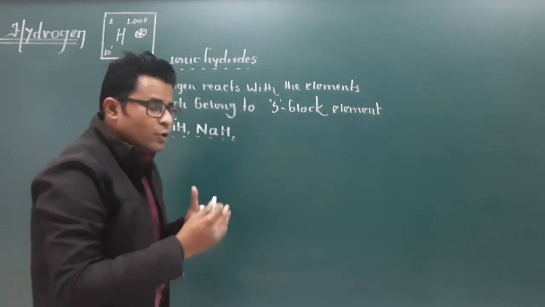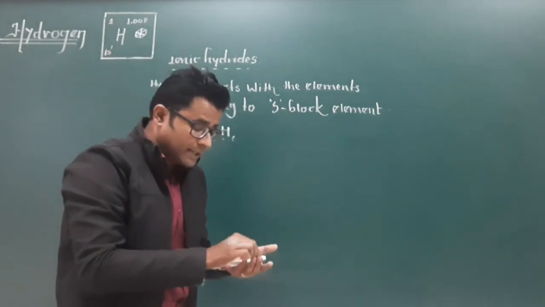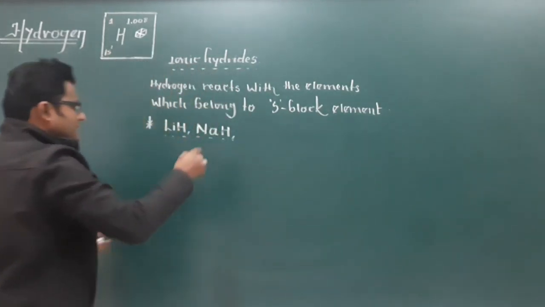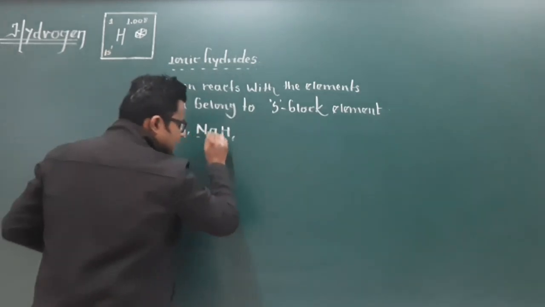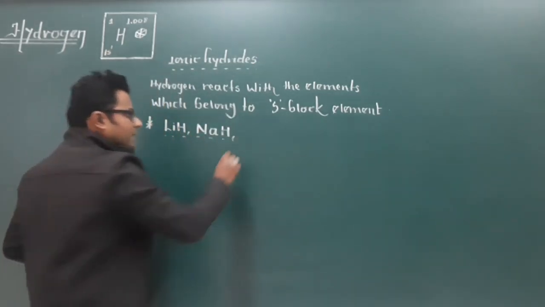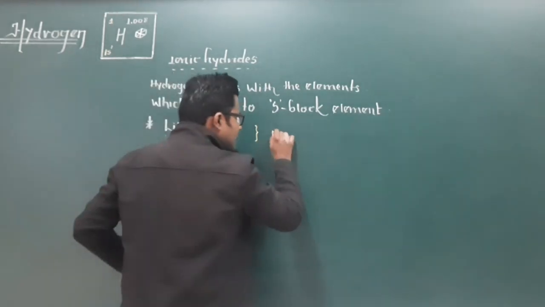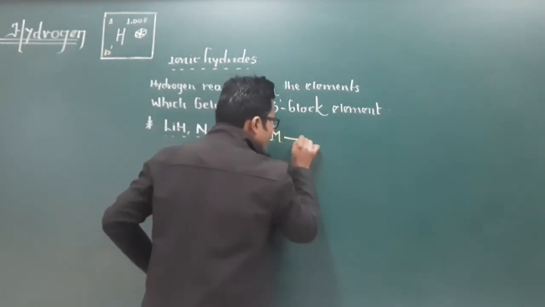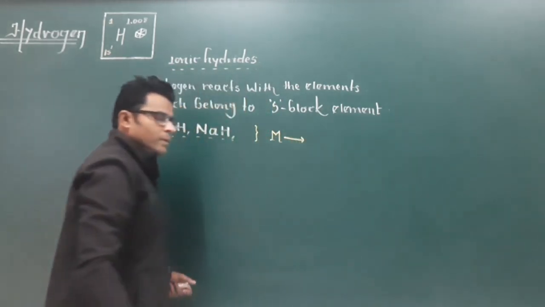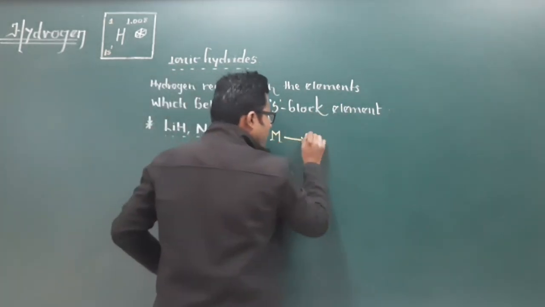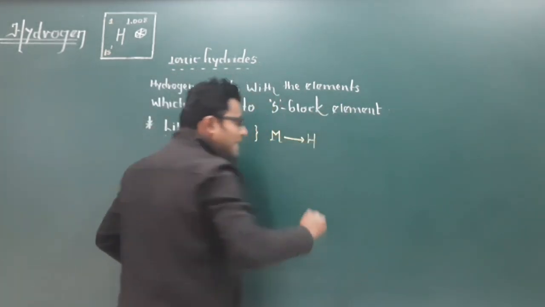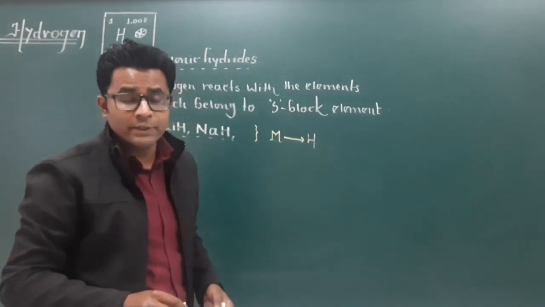Now, why is it called an ionic hydride? That we have to understand. Let us say that we are choosing sodium hydride. Sodium here is a metal. A metal has a tendency to donate electrons, right? So when it is forming the bond with hydrogen, it gives an electron to hydrogen.